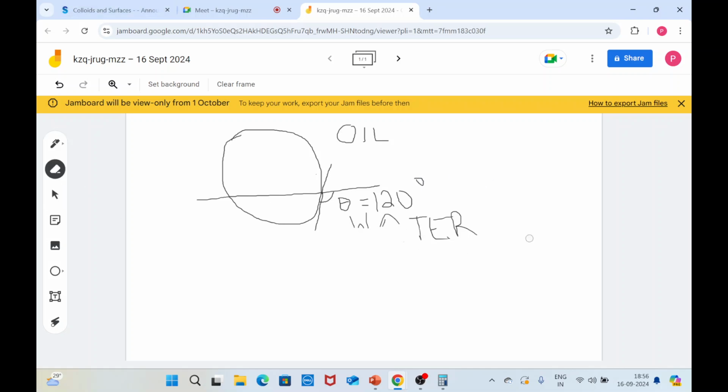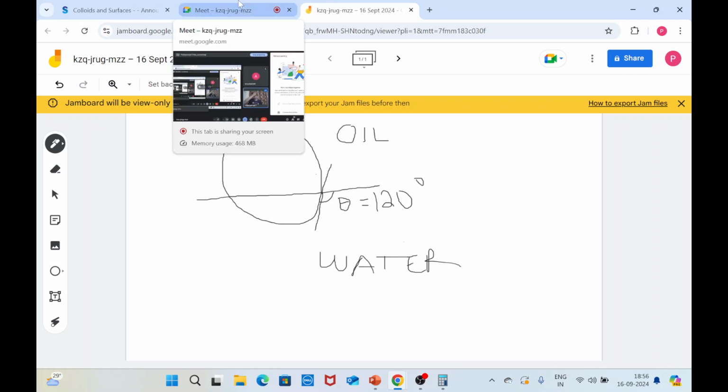This is going to be your water. So the majority of the particle is going to be in the oil medium compared to water.